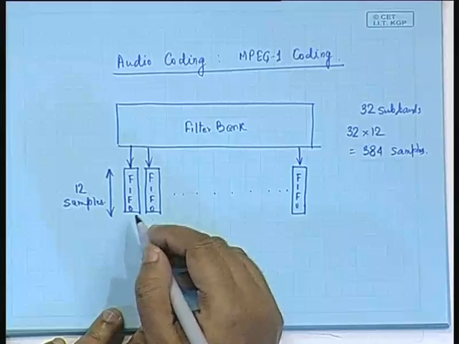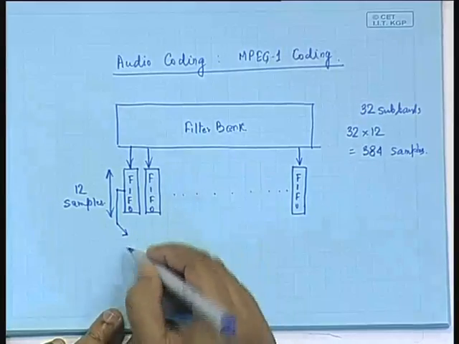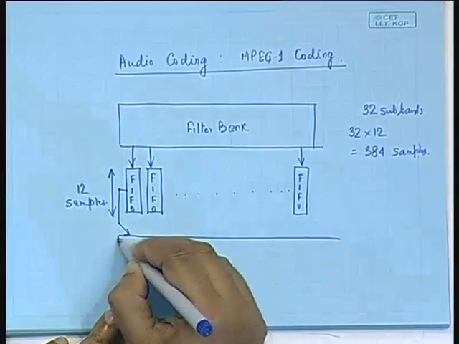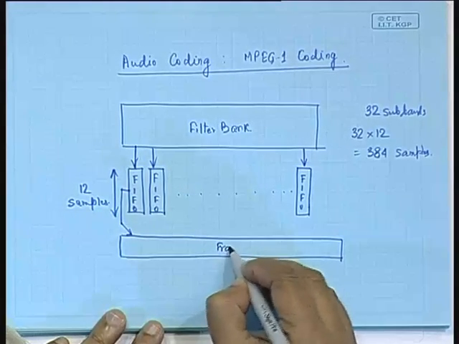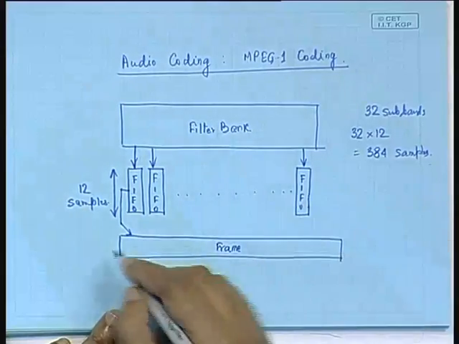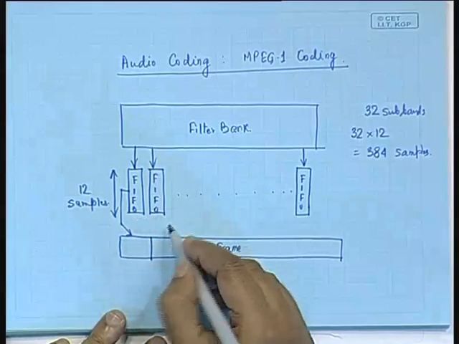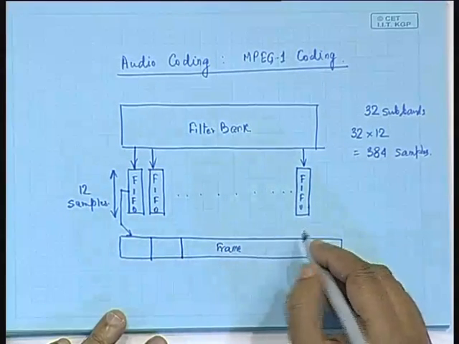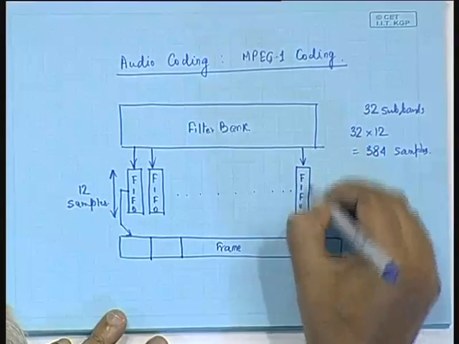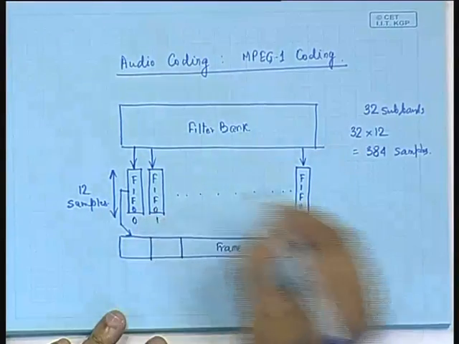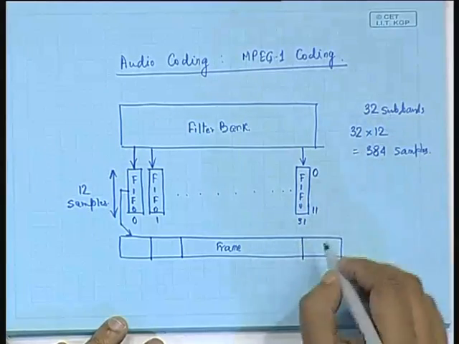Now, all these FIFO outputs, these 12 samples together, are accumulated in the form of a frame buffer. This buffer will have a total capacity of 384 samples. So, we have 12 from subband number 0, 12 from subband number 1, and so on up to 12 from subband number 31.